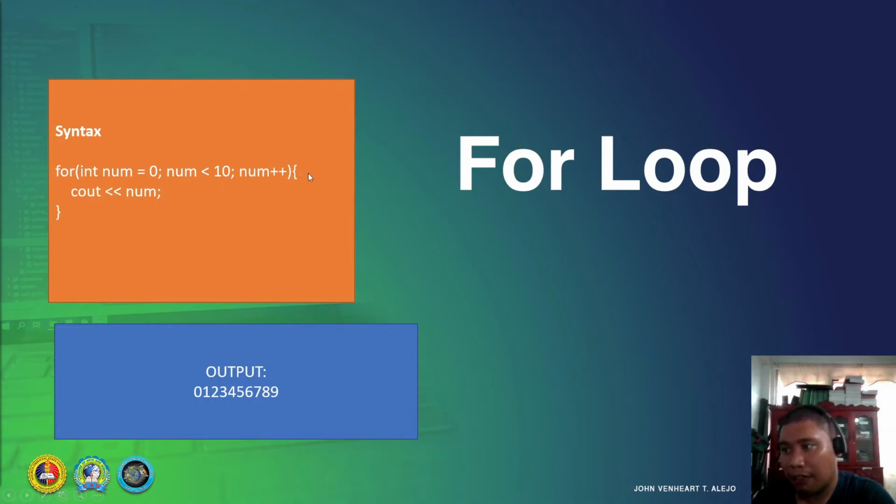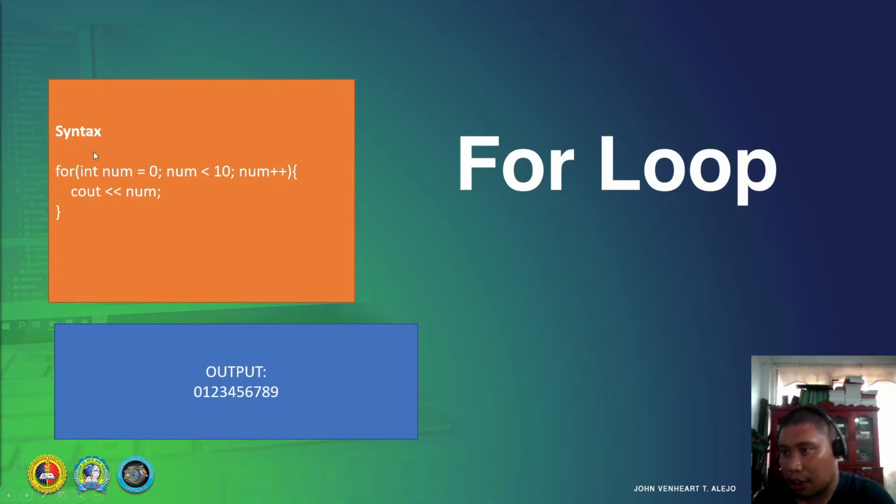Add 1 after the loop, so output now the num, which is 3. Now the next loop, the value of num is 4 because we add 1, 3 plus 1, so 4 is less than 10, so it is true. Add 1 after the loop, output 4.